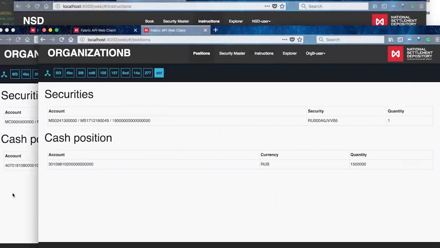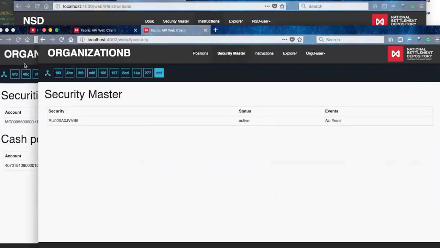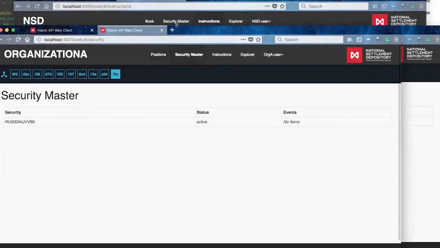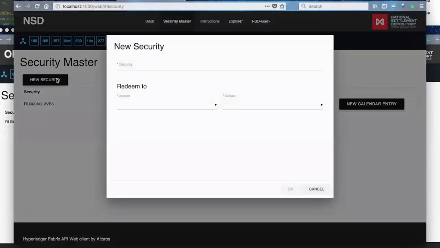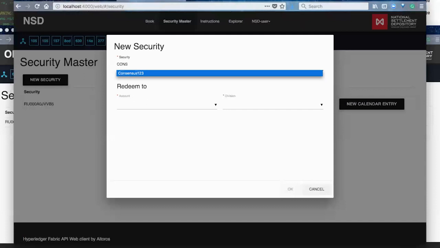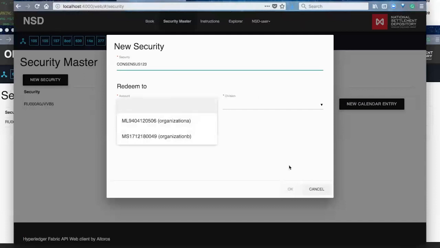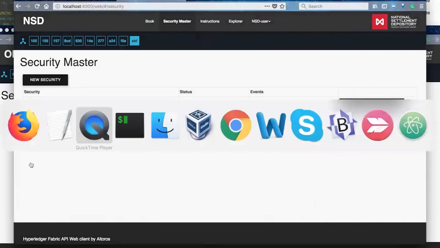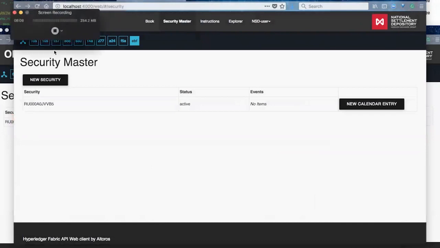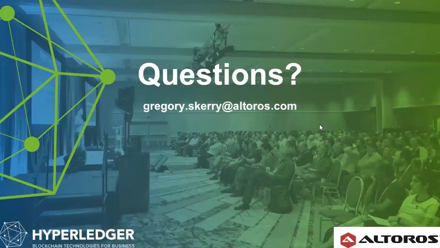Each side again sees their updated positions in terms of security and their cash position, but does not see the other party's side, which is one of the main requirements. So it's providing parties all the access to the security transaction events. Everything that occurs there is visible to them, but the resulting positions and balances of each party continue to be private.